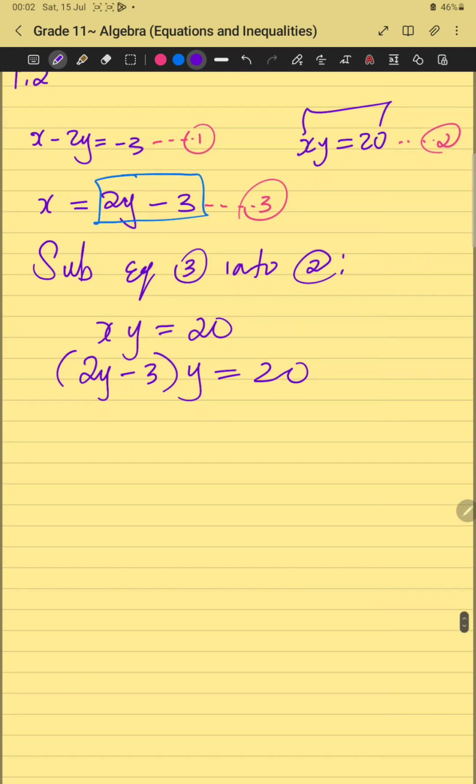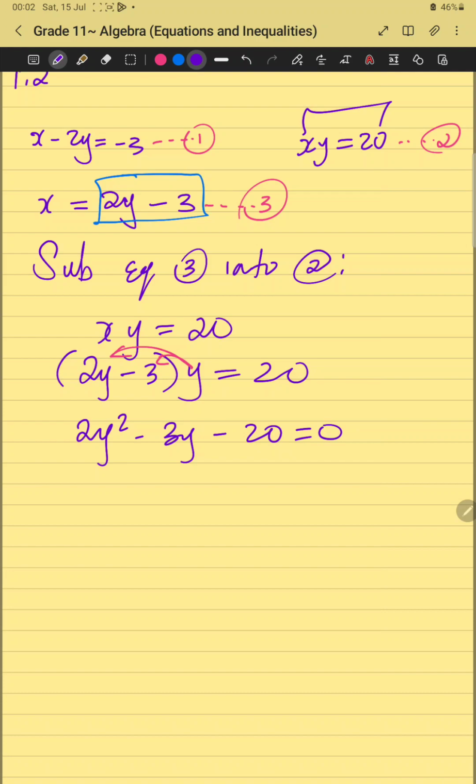From here, we multiply this out: y times 2y and y times 3. So we get 2y squared minus 3y, and we can bring 20 from that side to this side, it becomes minus 20, equal to 0.